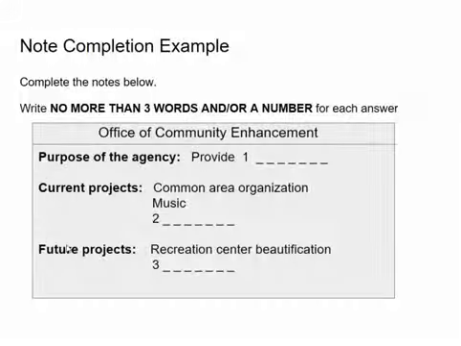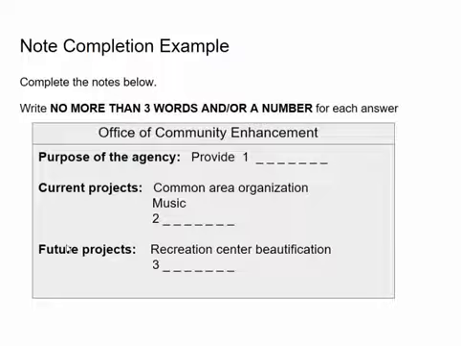For question number 1, basically it looks like we're looking for the Office of Community Enhancement's mission, okay? What does it try to do? What's the purpose of that agency? And we have to listen for what they provide. All right, we don't know what that's going to be, but that's the basic idea we're going to have to listen for in number 1.